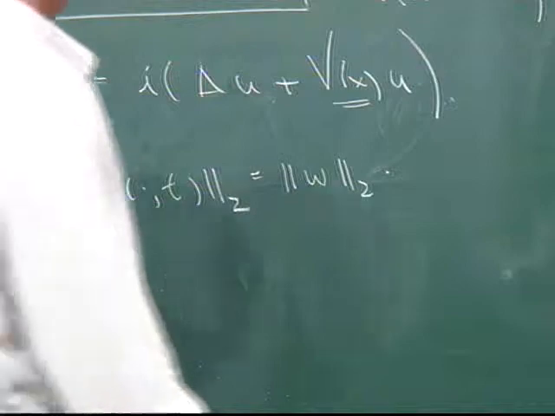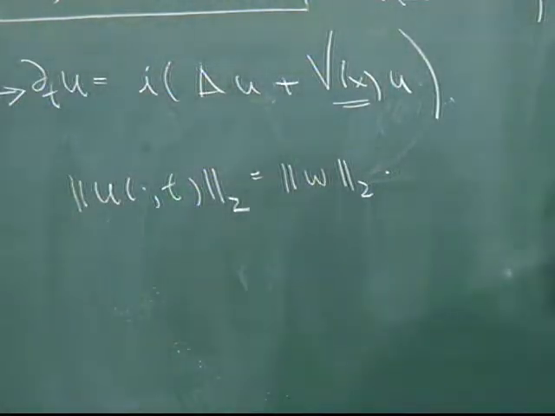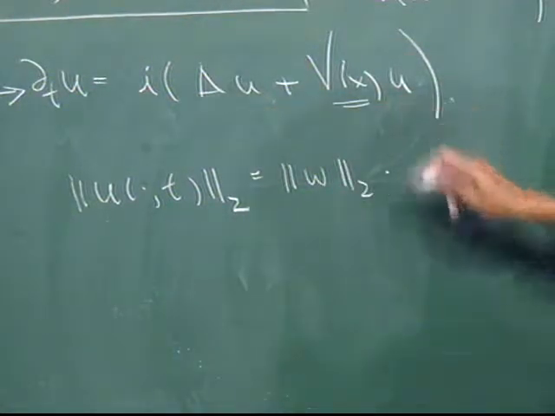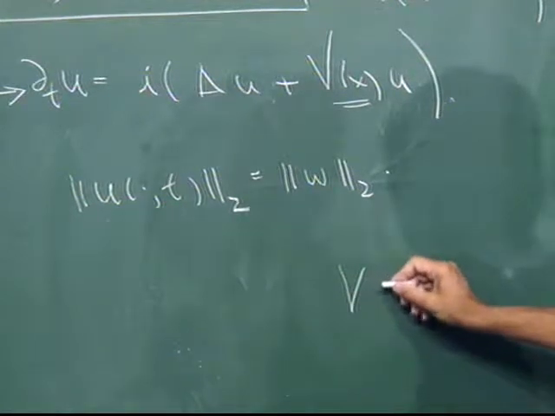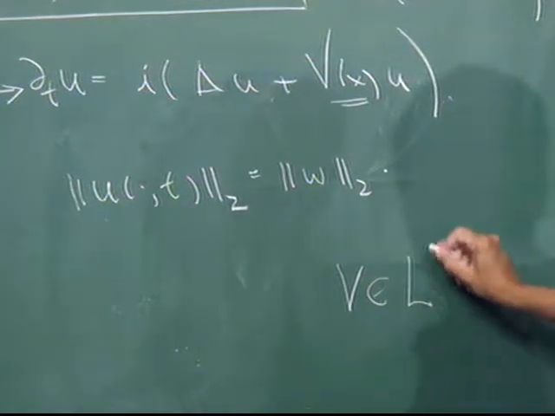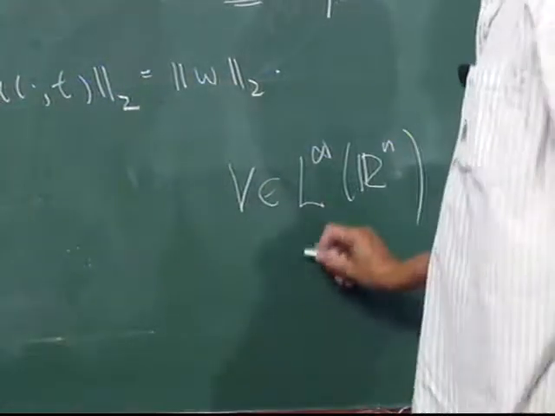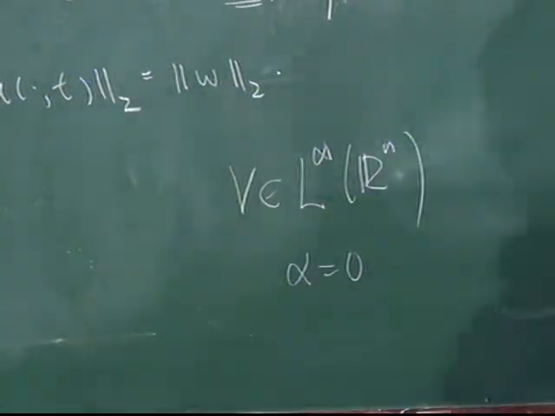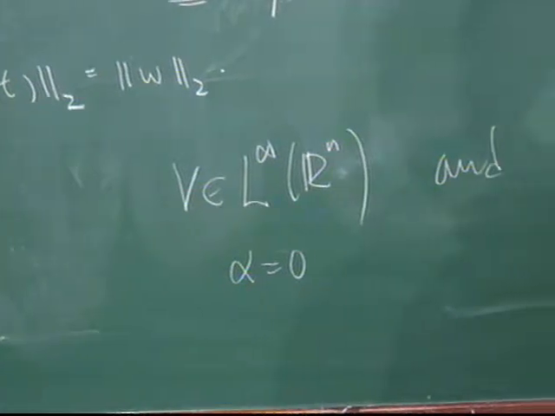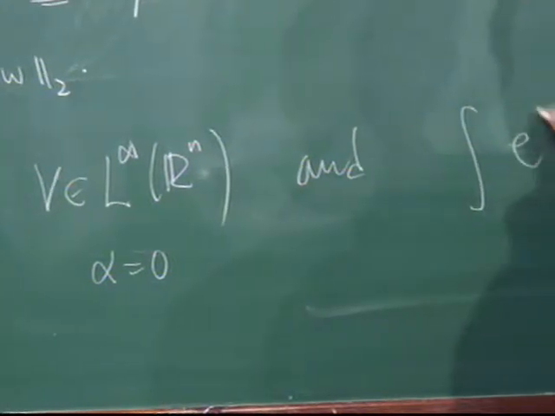And what does the theorem say? Is this potential you can apply to the theorem. If the potential is bounded, let's say that it is in L infinity. That is the case if alpha is 0. And this integral is finite.